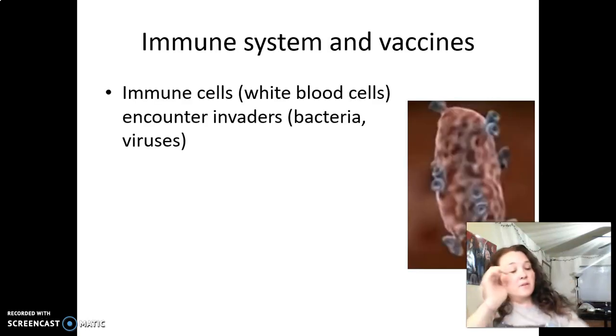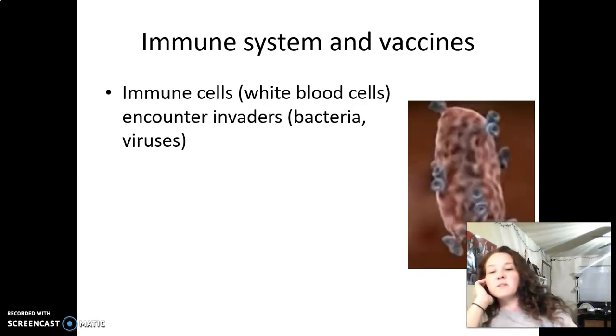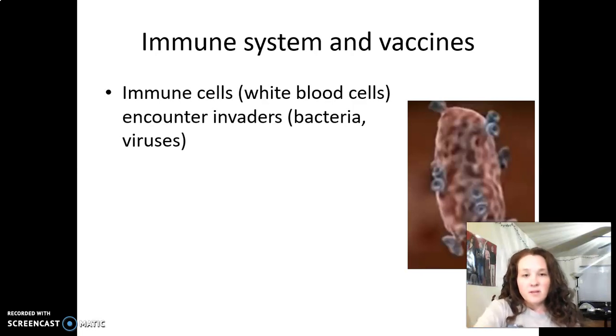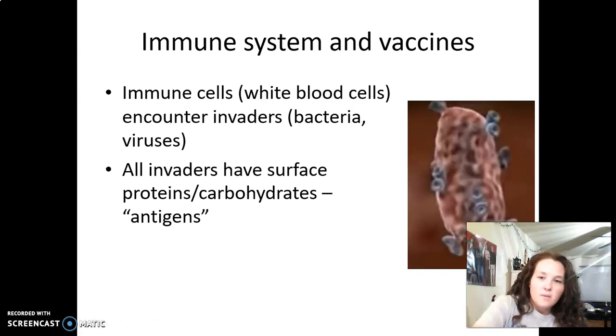All right, let's talk about vaccines and how they work. First, let's talk a little bit about the immune system. The immune cells include white blood cells. There's other different types of immune cells as well. But when the white blood cells encounter invaders, they recognize the surface proteins, the antigens, of the invader, of the pathogen.